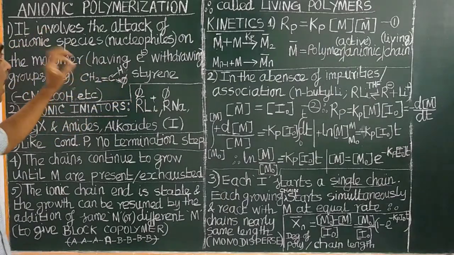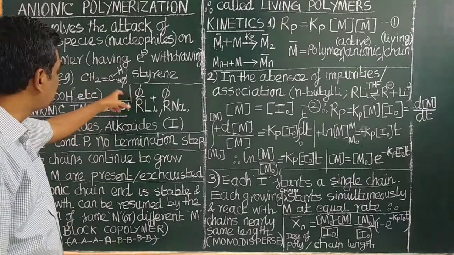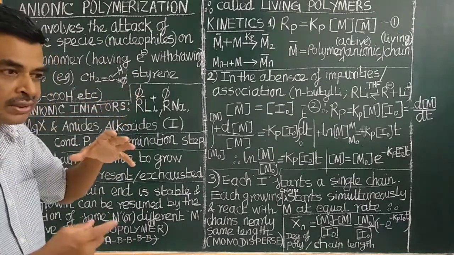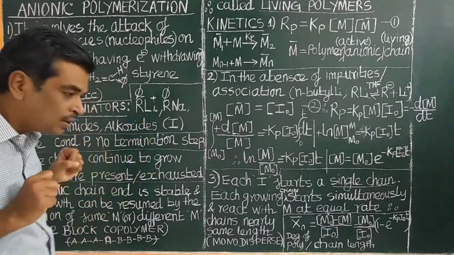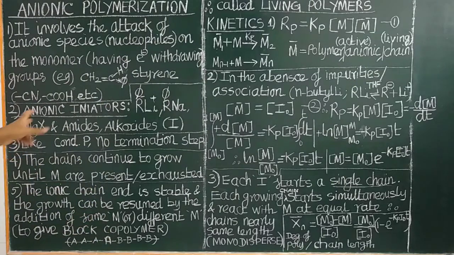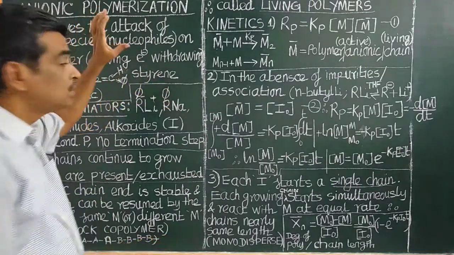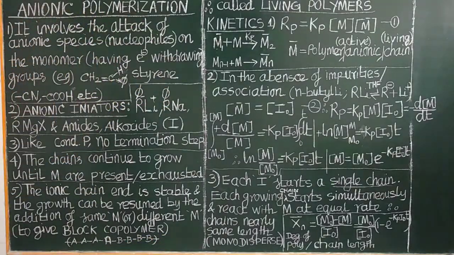Therefore, styrene undergoes anionic addition polymerization reaction. Whereas isobutylene, which we have studied earlier, a monomer having electron rich or electron releasing substituents, undergoes cationic addition polymerization reaction.